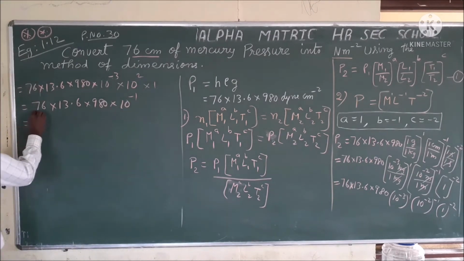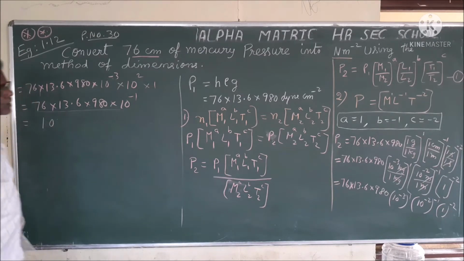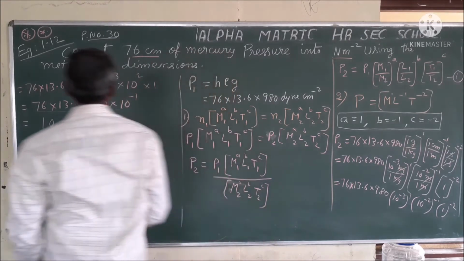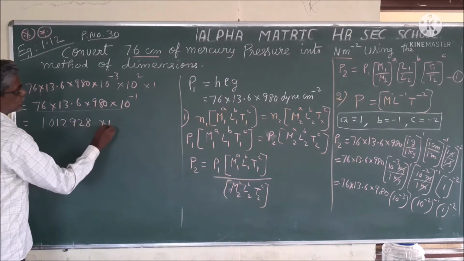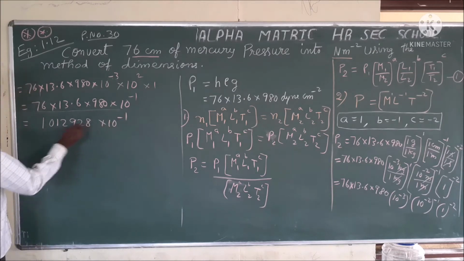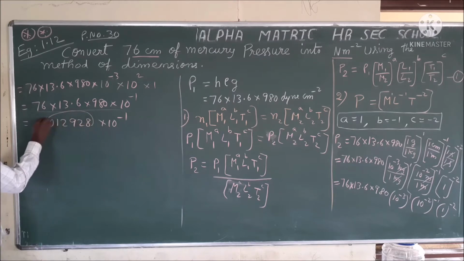That is equal to, if I multiply these values, I will be getting 1012928 into 10 power -1. Here I want to put the decimal, so the decimal I want to put here. So it becomes 1.01.